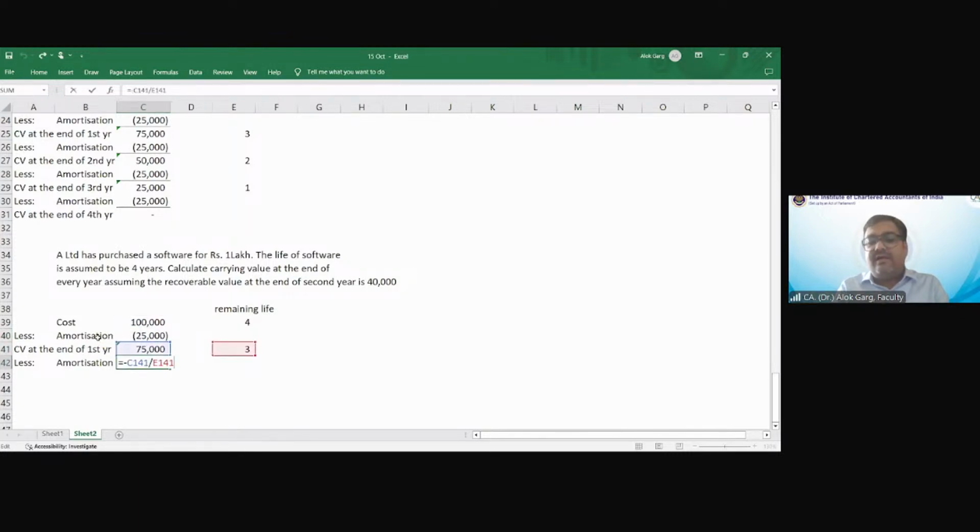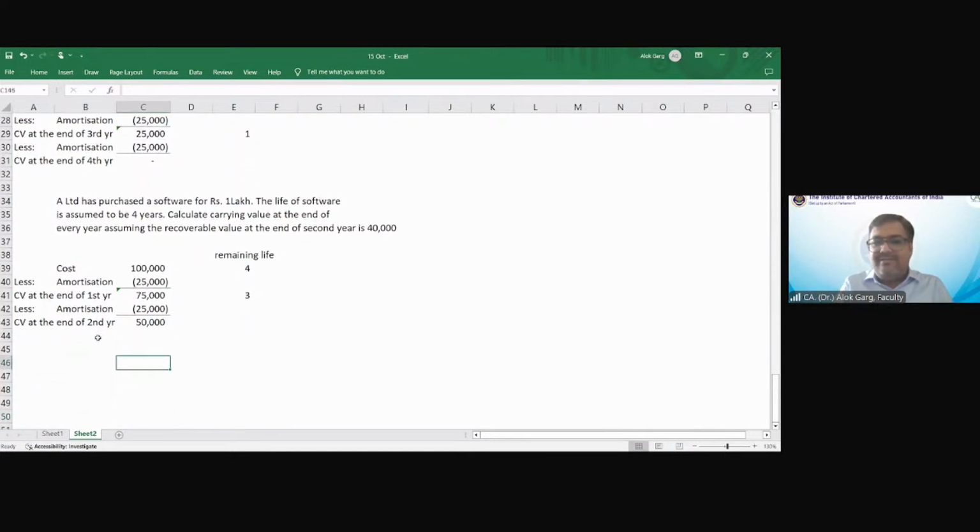What is my carrying value at the end of second year? It will be 50,000, but the recoverable value is 40,000. So 40,000, less impairment loss. What is my impairment loss? 10,000.